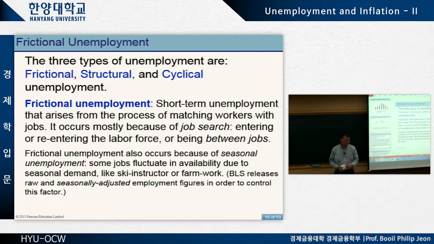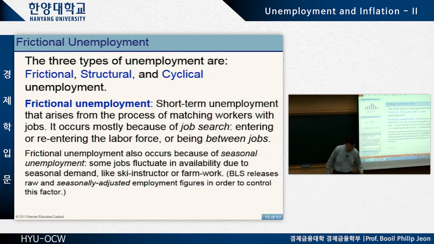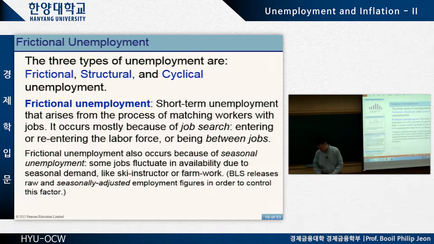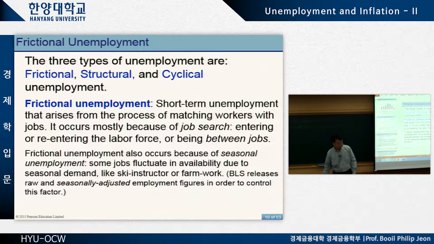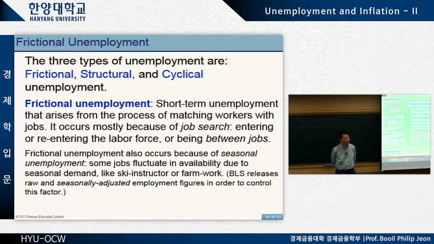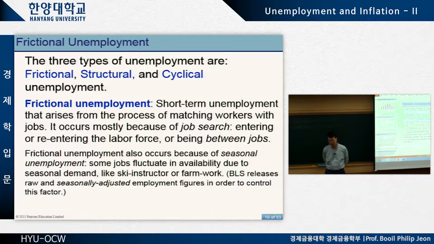If you go to California, they grow lots of oranges, and during the harvest season they hire a lot of people from overseas, from Mexico and many other places. Immigrant workers are hired during the harvest season.